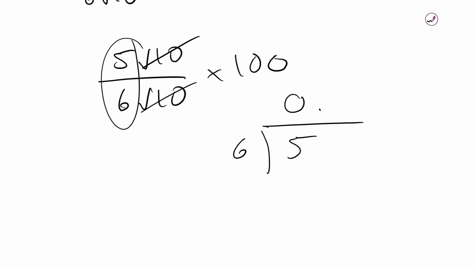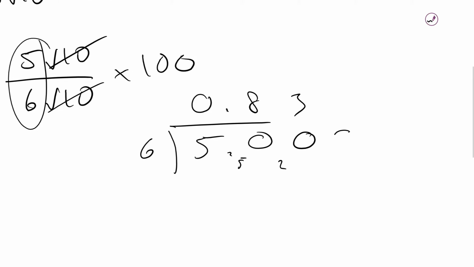0 point. And then put a 0 there. And then you put a 5 there. And then you do 48, which is 8. And then you do another 0. And then you do 2. And then you do 3. And it'll be 8 3 recurring.